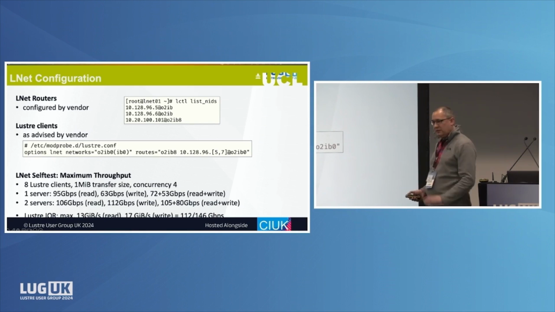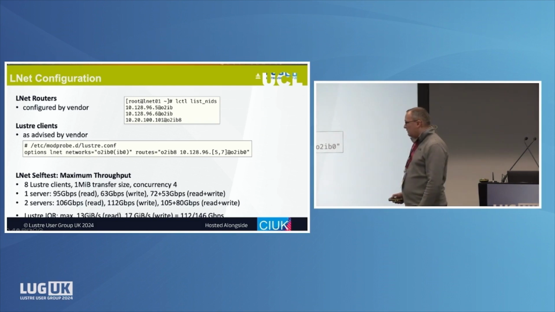It's very well possible that I didn't do those LNet self-tests in an optimal way, because later on we also ran some Lustre IOR benchmarks, and there we reached, at least on the write side, roughly 150 gigabit per second.